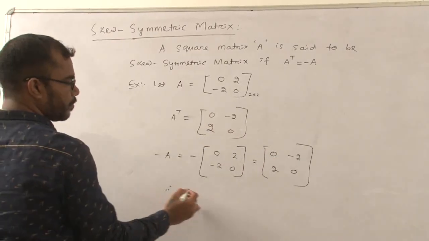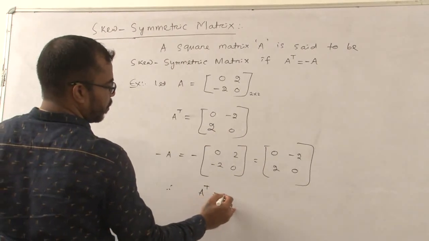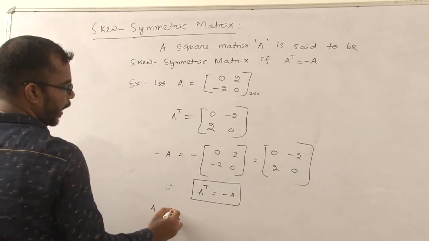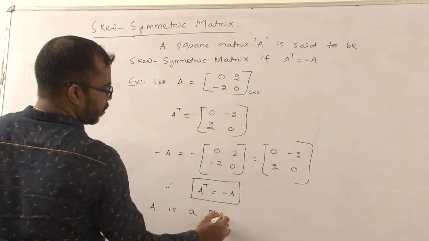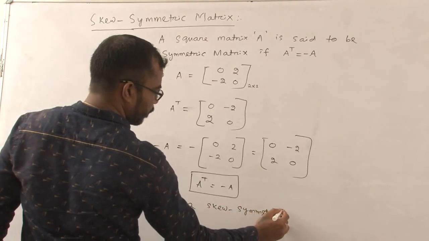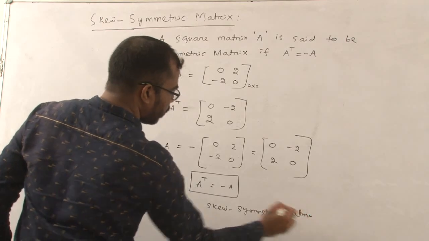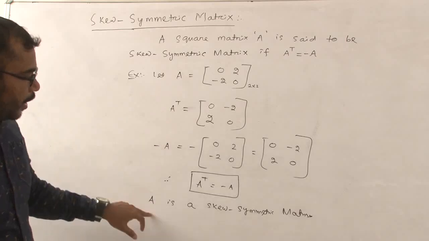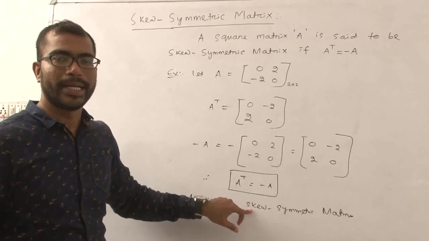So transpose of A is equal to negative A. So here A is a skew symmetric matrix. So this is an example of a skew symmetric matrix.